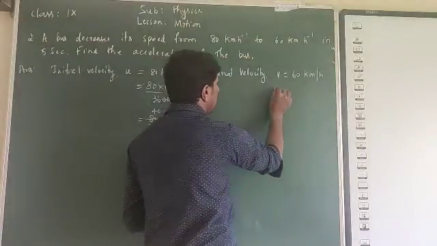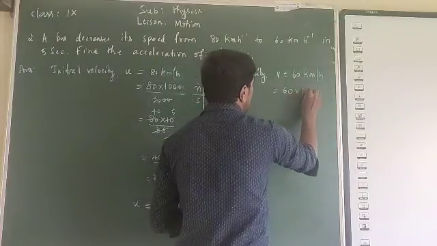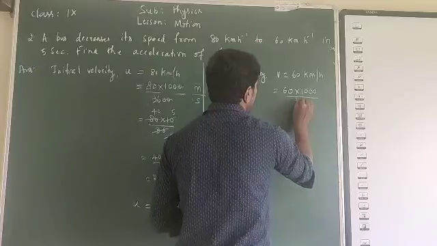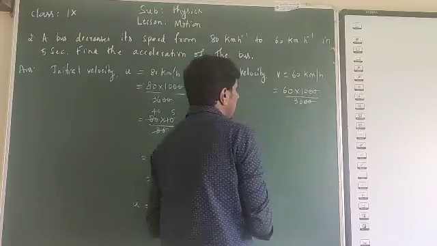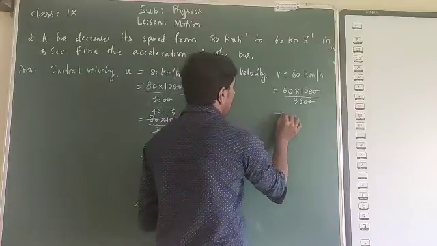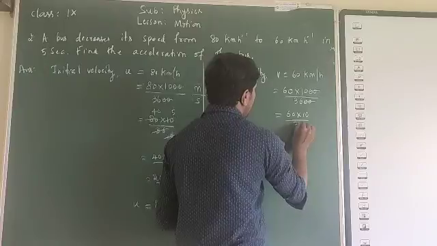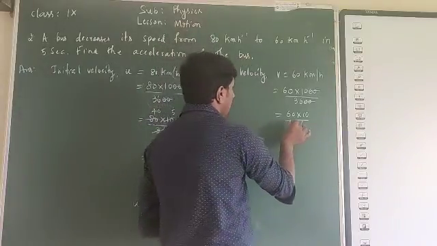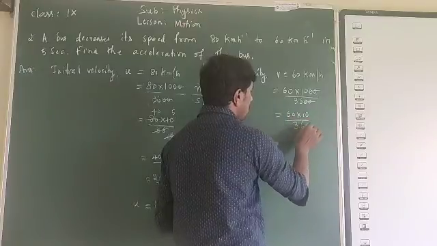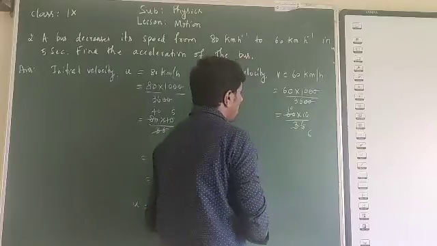Let us convert into meter per second. 60 into 1000 divided by 3600. So 20 will get cancelled. So what is remaining now? 60 into 10, denominator 36. Again 6 I can cancel from 60 and 36. 6 6s are 36, 6 10s are 60, right?